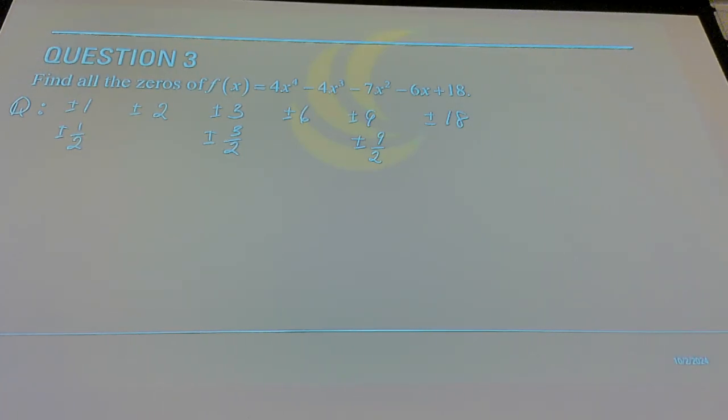Right, because 4 is a factor of the leading. What's 2 over 4? Is it already listed? Ignore it. 3 over 4, we don't have. 6 over 4. What is it? It's already listed. Ignore it. 18 over 4.